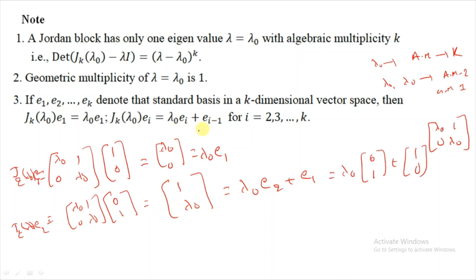That is the notation. In the k dimensional vector space, J_k(lambda naught) e1 equals lambda naught e1, and for the ith vector we get lambda naught e_i plus e_{i-1}, the previous vector.